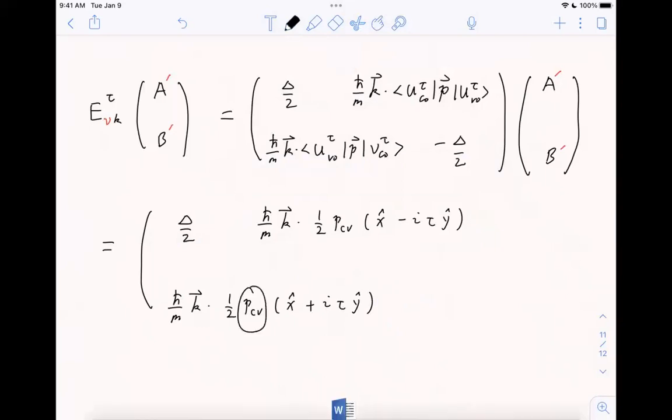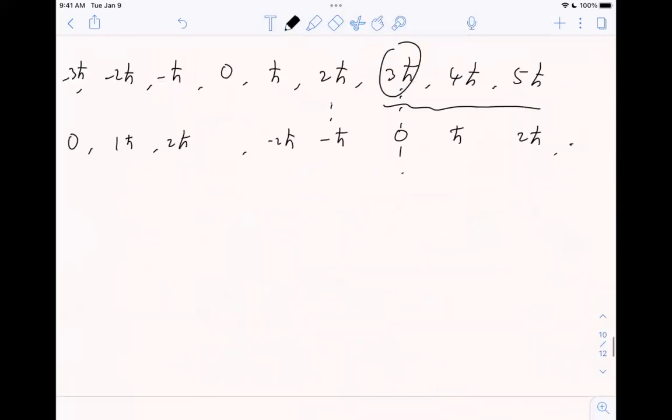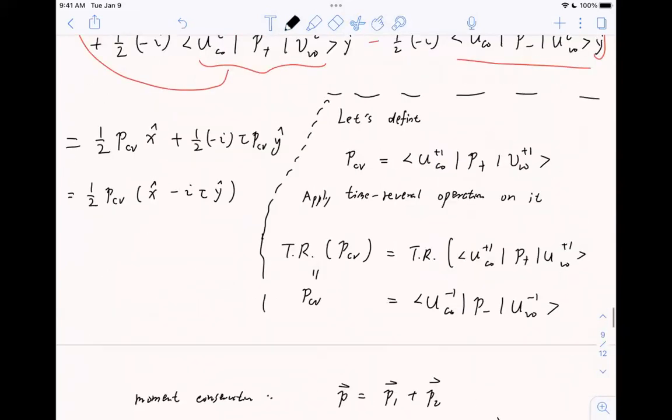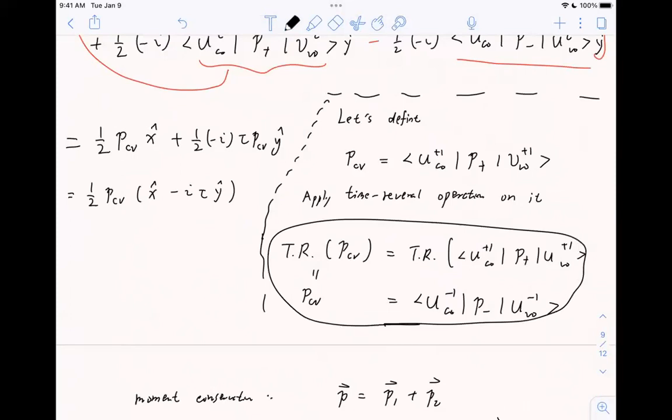This one can stay the same, because in principle you should add the complex conjugate here, but I think it is a real number. If you do a more detailed calculation, I think you'll get the real number.